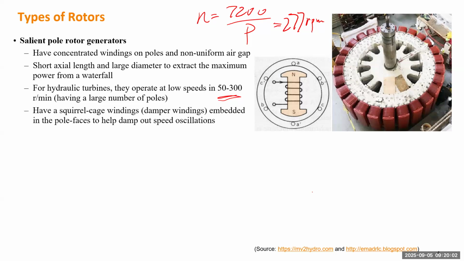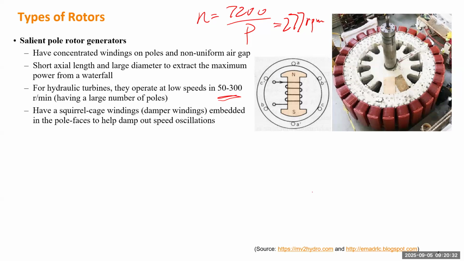To help stabilize the operation of a generator under some contingency condition, assume you have some disturbance near this generator. There may be either an imbalance or a sudden change in voltage or current that may cause the generator to oscillate, to vibrate. So one design, for the salient pole generator, is called damper windings embedded into the rotor at each pole.